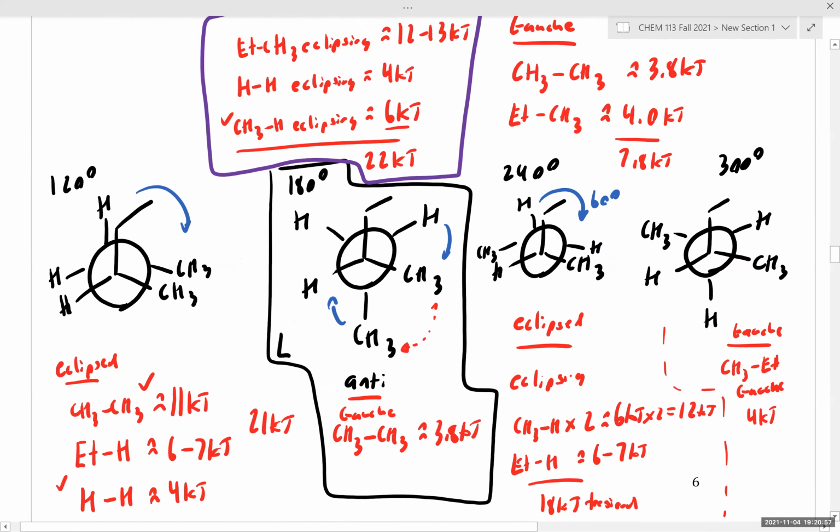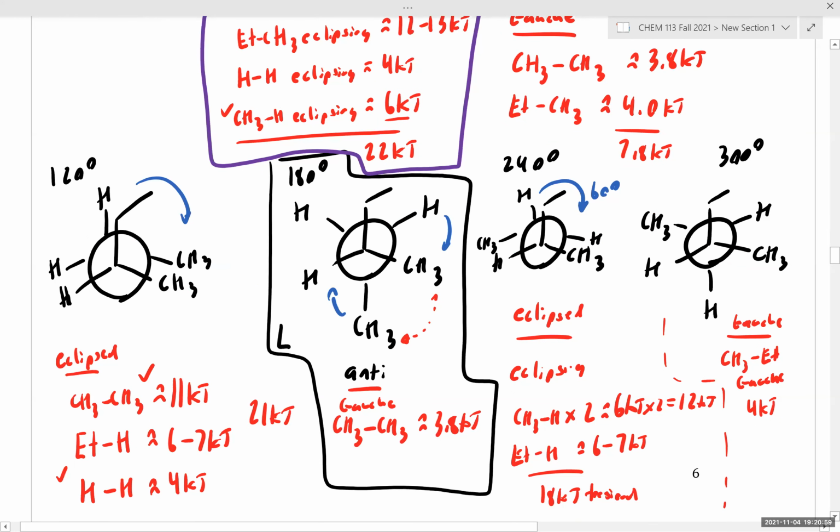It would be qualitatively incorrect, because if we look at these interactions, ethyl is bulkier than methyl, right? And as a result, this ethyl-methyl interaction is higher in energy than a methyl-methyl. Right, but that's 3.8 and that's 4. So I would have to know the A values to get this answer correct.